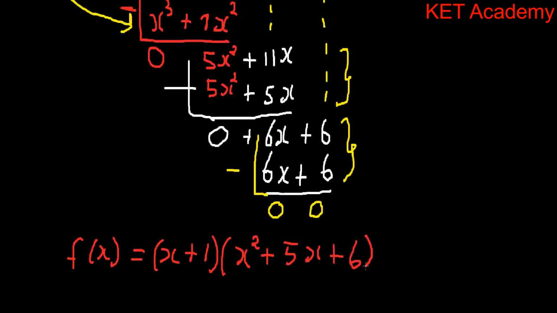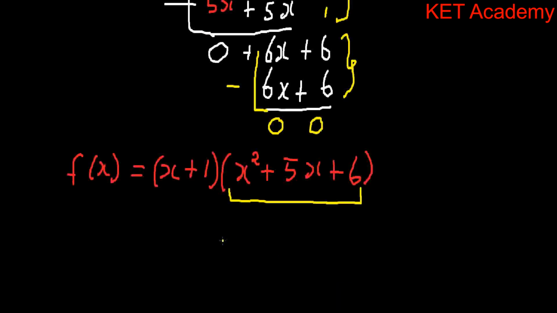Now notice something. This is a quadratic, so we need to break this down into two linear functions by the formula method, factorization method, trial and error method, or any method that we use in breaking down a quadratic. If we use the factorization method, we are looking for factors of 6 such that when we add them, it gives us 5, and when we multiply, it gives us 6.